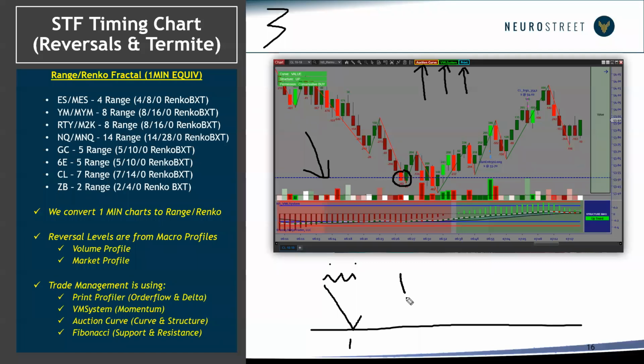The next trade is one of my favorites, which is what we call the delta hook. And the delta hook is really an example of the market coming down, okay? And it gives us this hook right here. This is an order flow bar right there. The green highlighted bar tells us that we have a very, very strong impacting delta where the buyers are stepping in.